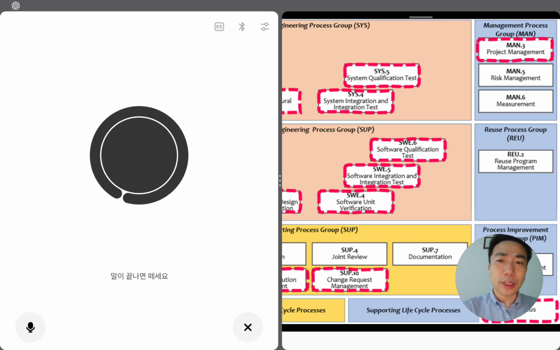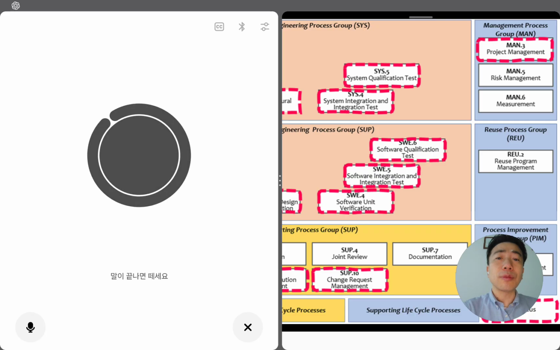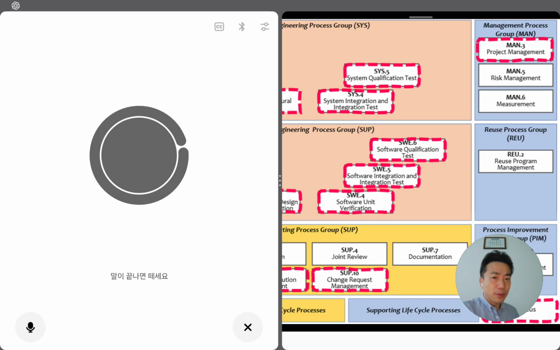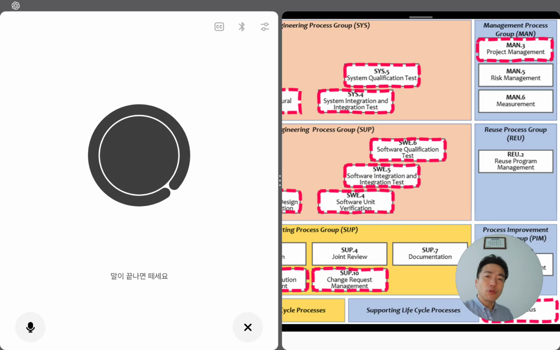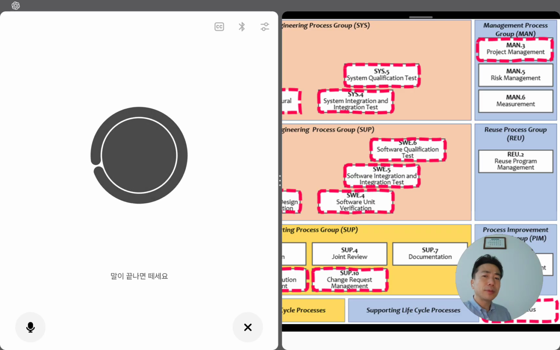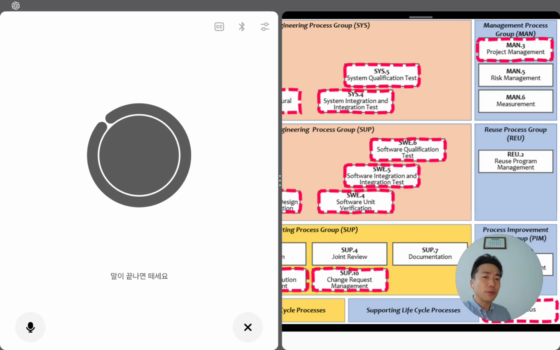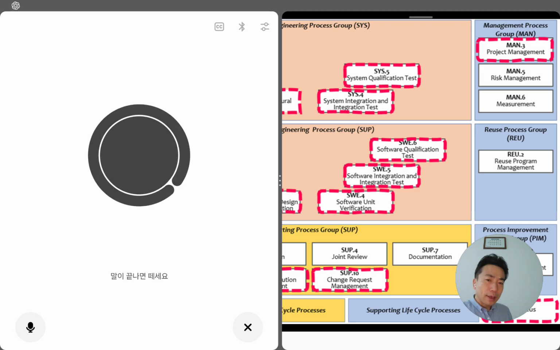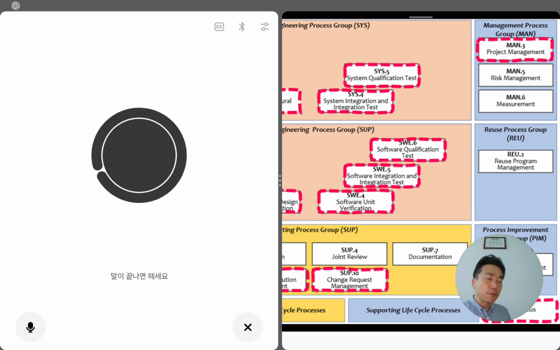I was responsible for SUP 9 problem resolution management. I served as the PRM during the audit 3 weeks ago. We would like to review the ASPICE diagram step by step today.